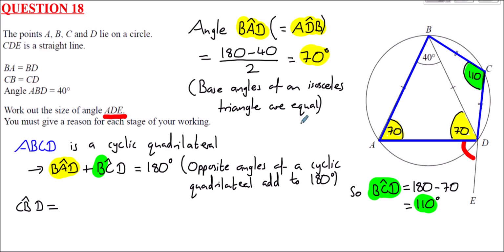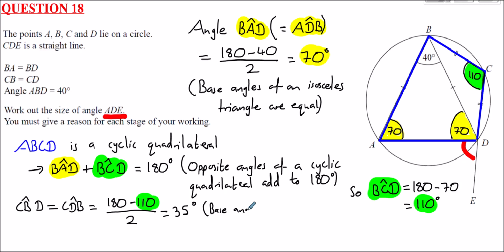So CDB, that's going to equal 180 minus the 110 from angle at C, divided by 2. If you try that on a calculator if you'd like, you'd find that that gives you 35 degrees. And again, the reason is that base angles of an isosceles triangle are equal.